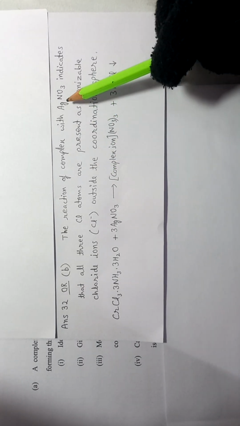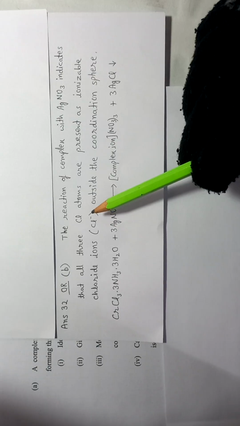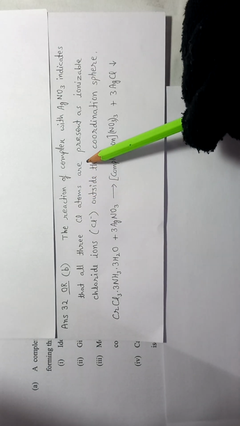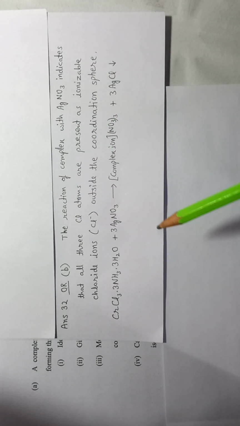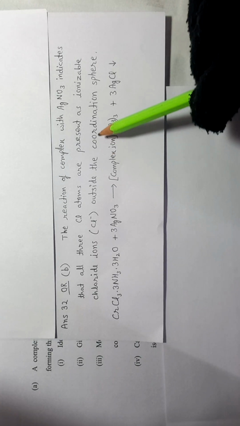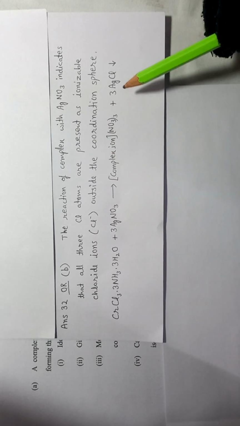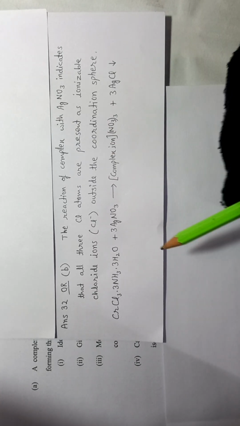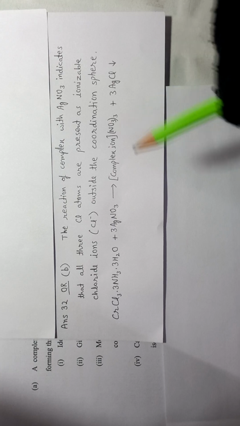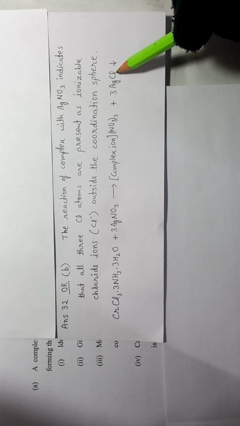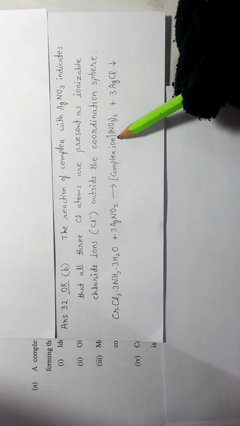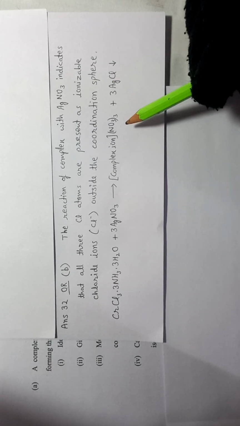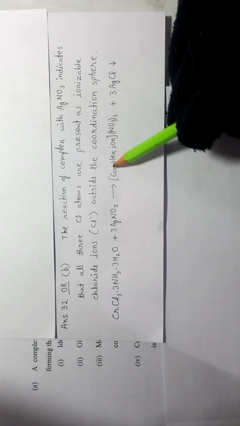The reaction of the complex with AgNO3 indicates that all three chloride atoms are present as ionizable chlorides. Therefore, they are outside the coordination sphere. So this gives 3 more. We get the 3 chloride ions here, outside the coordination sphere, and the nitrates will also be outside in the product.